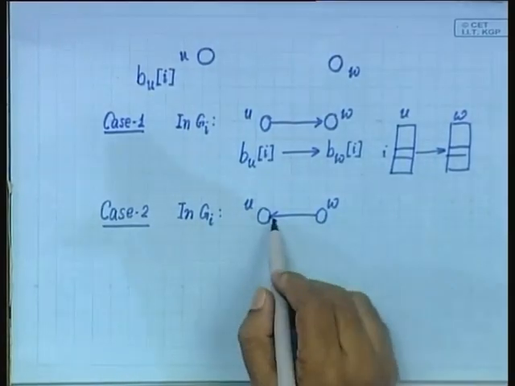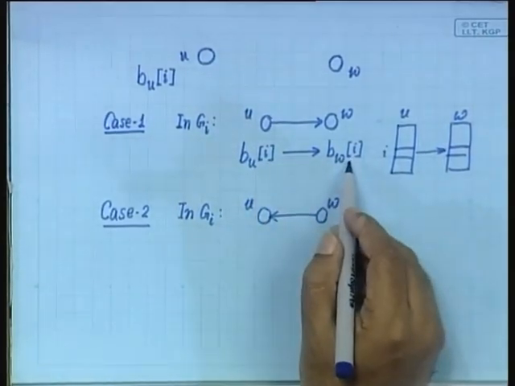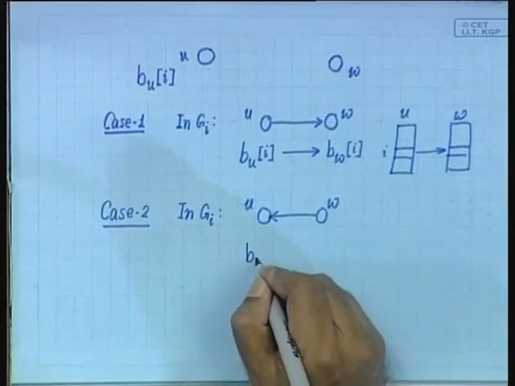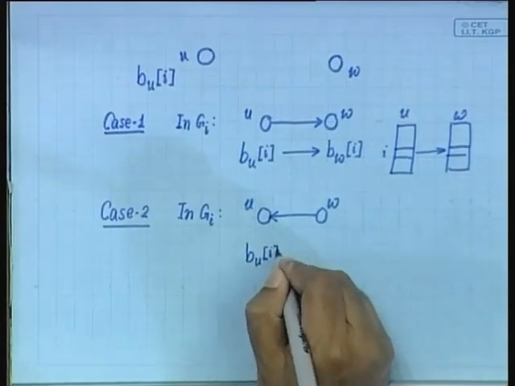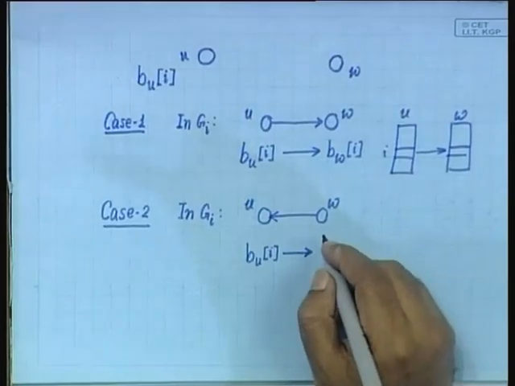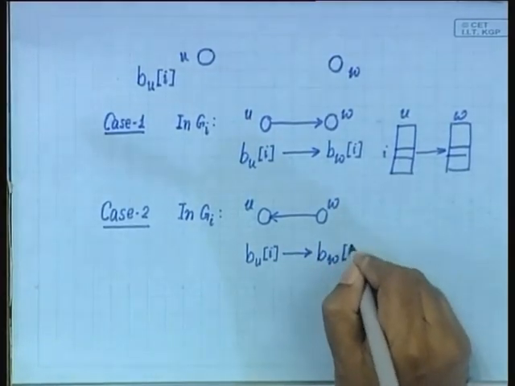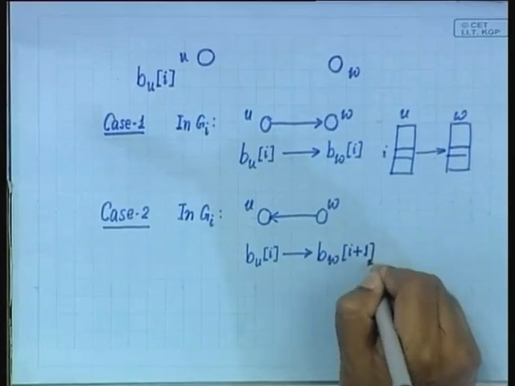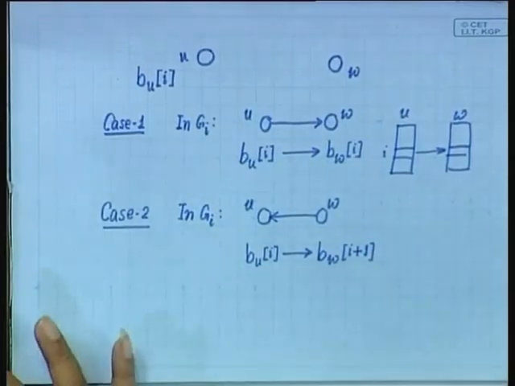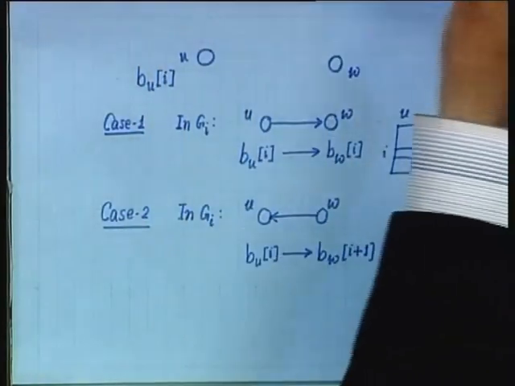Now if it is in this direction, then I will not move it from bui to bwi. I will move it from bui to... is that clear?